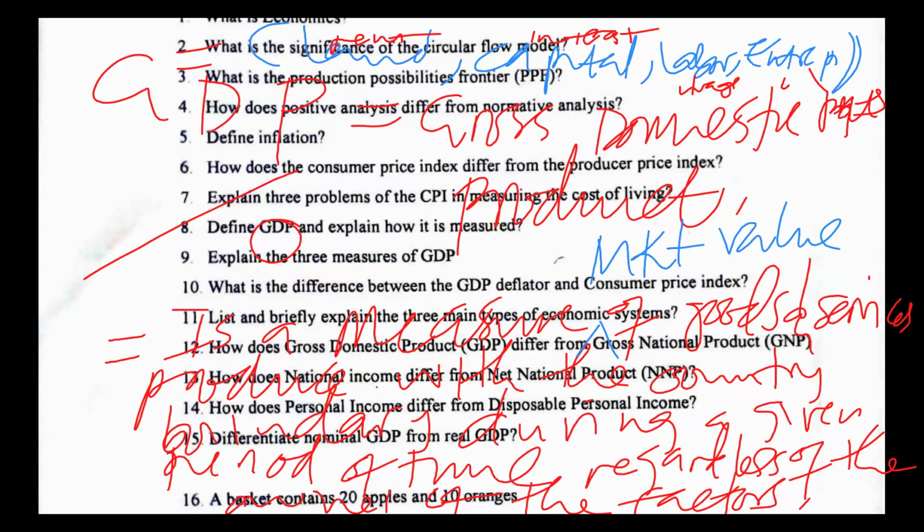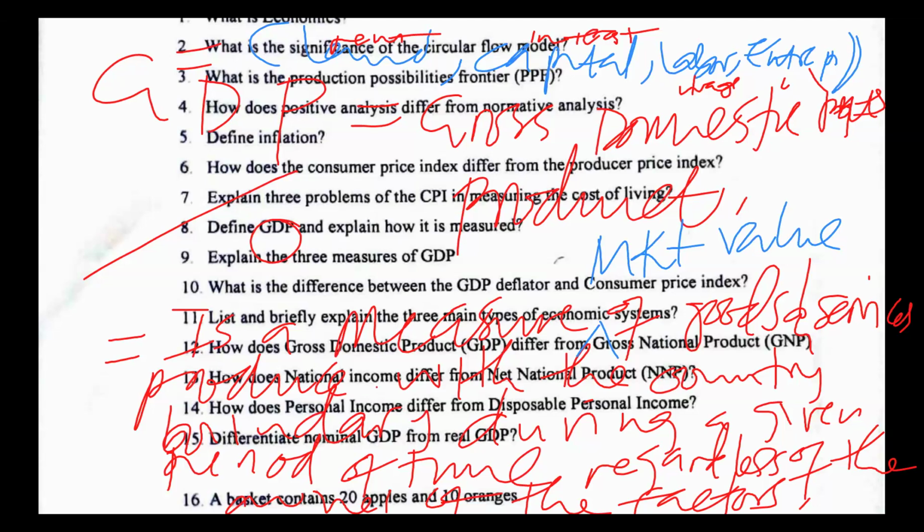So in the context of Zambia, you could have maybe the Chinese producing. But whatever they produce, the total value being produced by them, as long as the production is taking place within Zambia, is captured by GDP. I want you to pay attention to this because very soon we are going to have other bigger conversations.